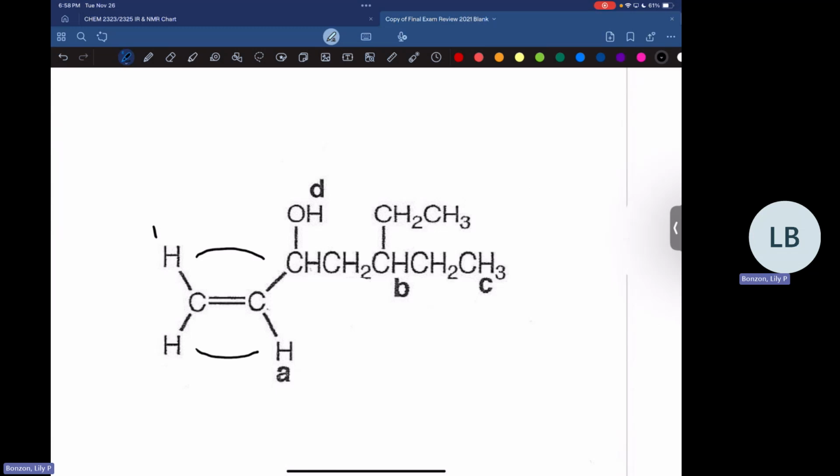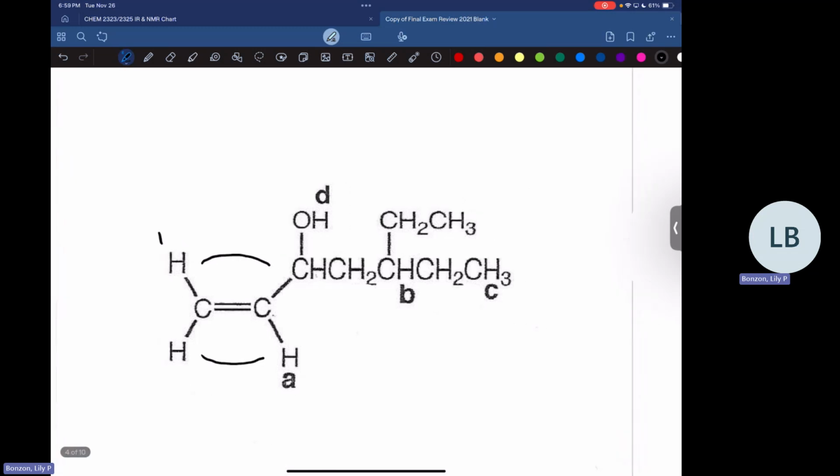If the bond could rotate, then we wouldn't need to consider the stereochemistry, but that bond is locked in place, so you're always going to have that specific interaction between the top and the bottom, which affects your splitting and affects your signals. So again, the hydrogen on the top was next to the CH group on the right. The hydrogen on the bottom is next to a hydrogen.